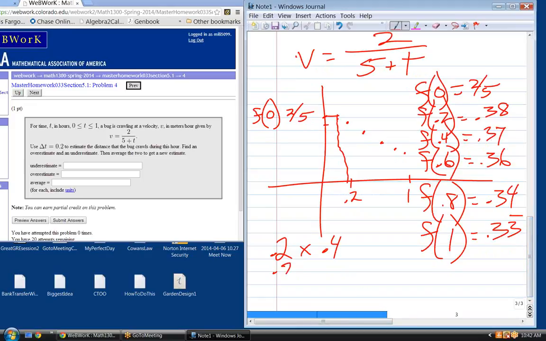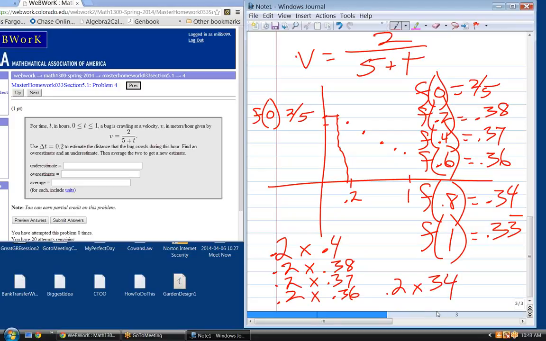And then go ahead, 0.2 times 0.38. Okay. 0.2 times 0.37. 0.2 times 0.36. And then 0.2 times 0.34. I think that is it, and there's only 5 intervals. I don't know why I put that extra dot in there. Let me take it out.